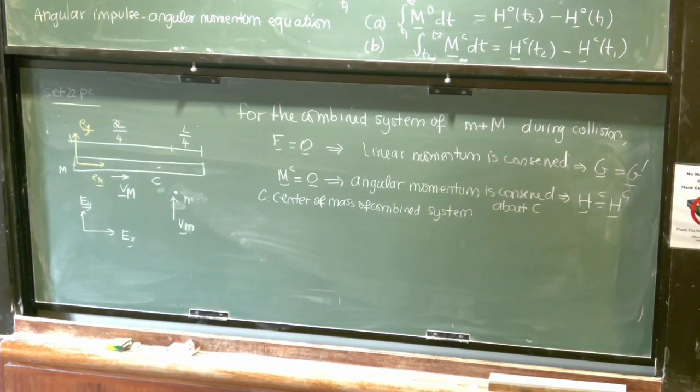Okay, so now how do we solve for the motion of the system? Find the linear and angular velocities of the bar with its embedded particle. How do we use these conservations to solve for the final linear and angular velocities of the bar with the embedded particle? What do we do?